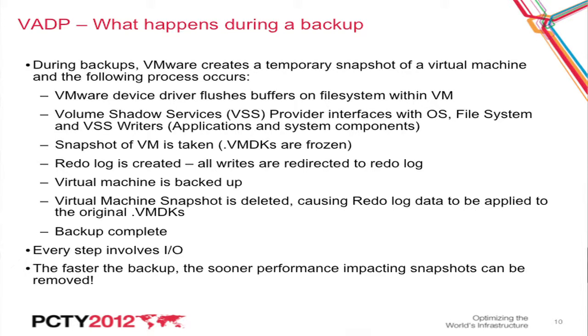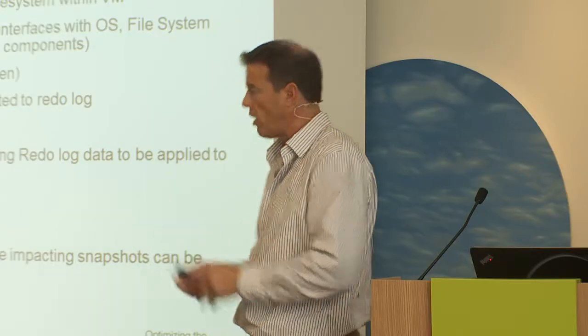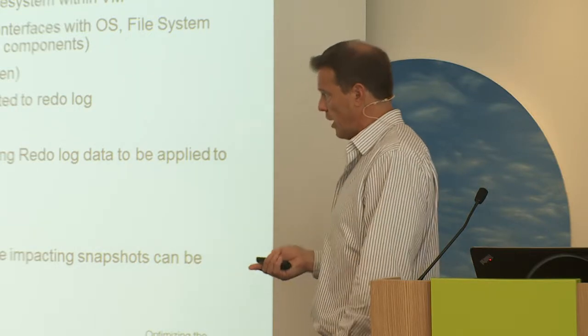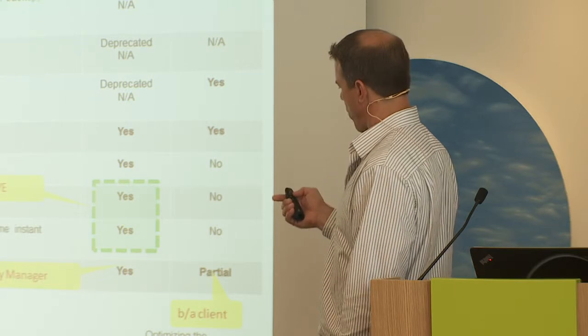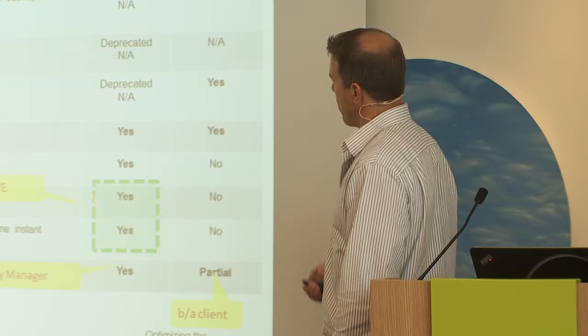Okay, I think I'll skip over this as just details. It'll be in the presentation you'll have access to, but this is what happens under the covers during a backup. So it's not just magic that happens. The API is actually taking some software snapshotting on the VMware side and then presenting the blocks out to the API caller. I'll also skip over this. It's just a comparison of the APIs.